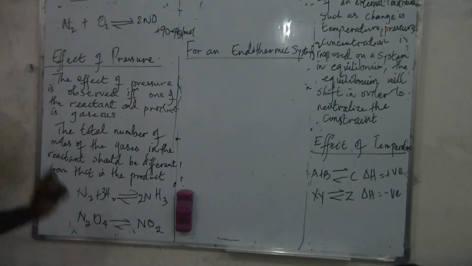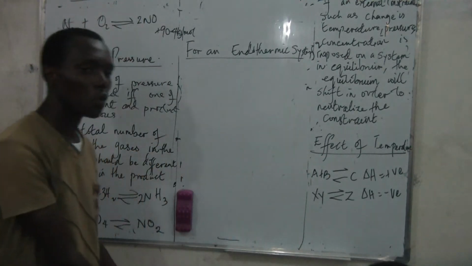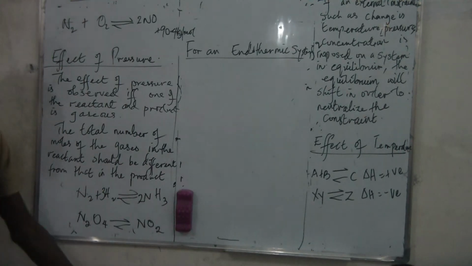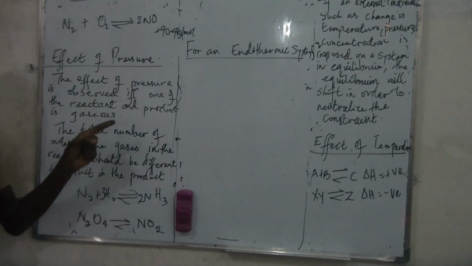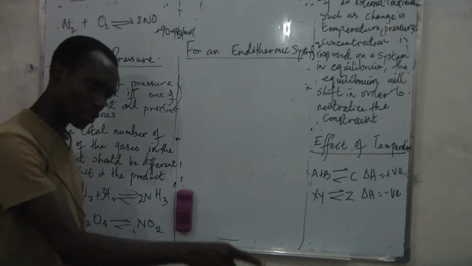Why? Because if the forward reaction is exothermic, then the backward reaction is endothermic. So an increase in temperature of the system will favor the backward reaction, meaning there will be a net increase in the reactants. Do we understand that? A decrease in the temperature of an exothermic system will favor the forward reaction.